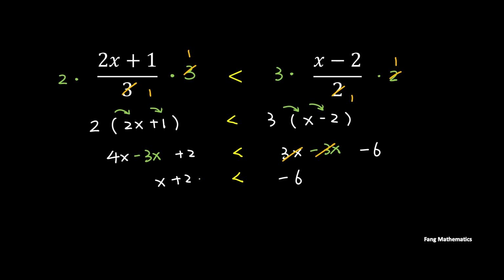The last step, remove the plus 2, minus 2 on both sides. You should get your left-hand side, plus 2 and minus 2 gets eliminated, leaving you a single x, and you should get your final answer as x smaller than minus 8. Always keep the sign unchanged, smaller than. That should be your answer.